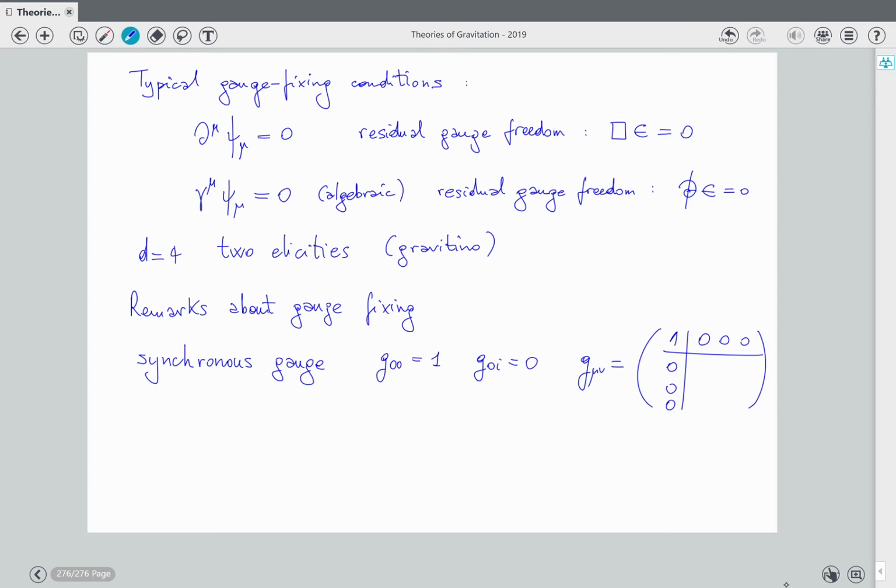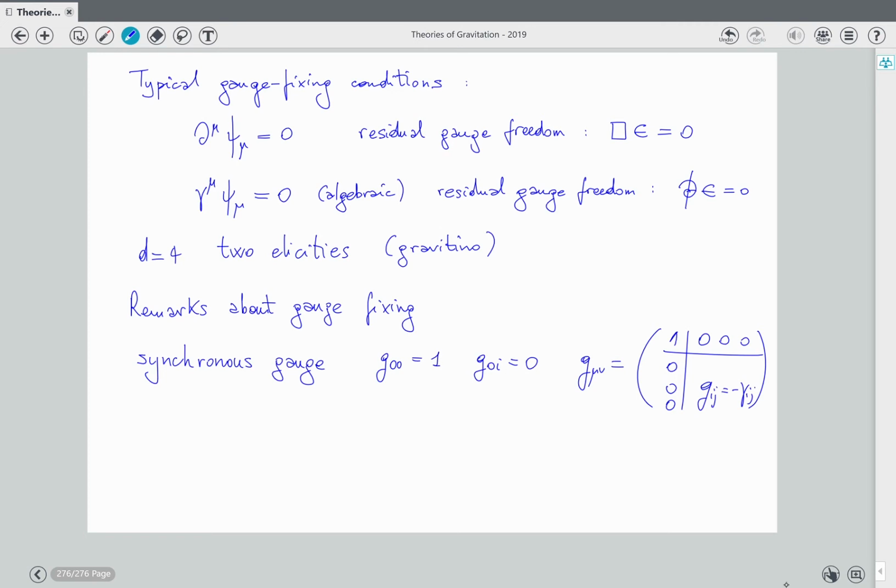So the only thing that matters here is Gij, which we might write as minus gamma ij, and then gamma is the space metric, because our signature in flat space would be Gij equal to minus 1, minus 1, minus 1, so gamma ij would be the metric.